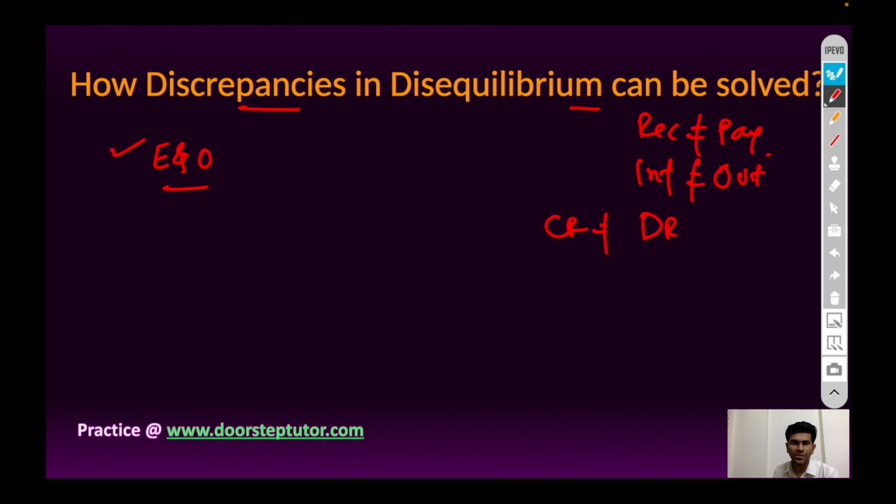But when the transaction is not recorded at all, then there will be omission in entry. So this is also a reason of disequilibrium. This is called discrepancy in disequilibrium. So any error and omission in balance of payment is adjusted from the foreign exchange reserve account.